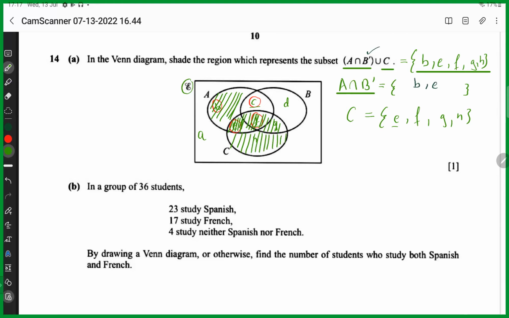Okay. And once we are done with everything, you can just erase these and this would give you the correct answer. So I'll repeat this again and then it would make sense. Whenever the examiner asks you to shade something, I know it's a 1 mark question, but most of the time students get this question wrong.